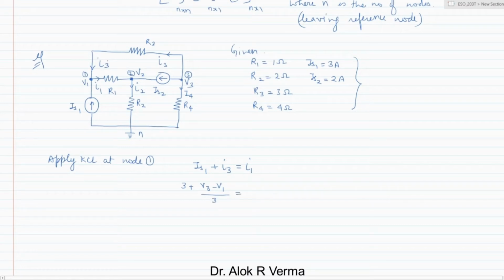I1 is nothing but V1 minus V2 by 1. So if you solve this and collect the terms, we can get 4V1 minus 3V2 minus V3 is equal to 9. So this is equation number 1.